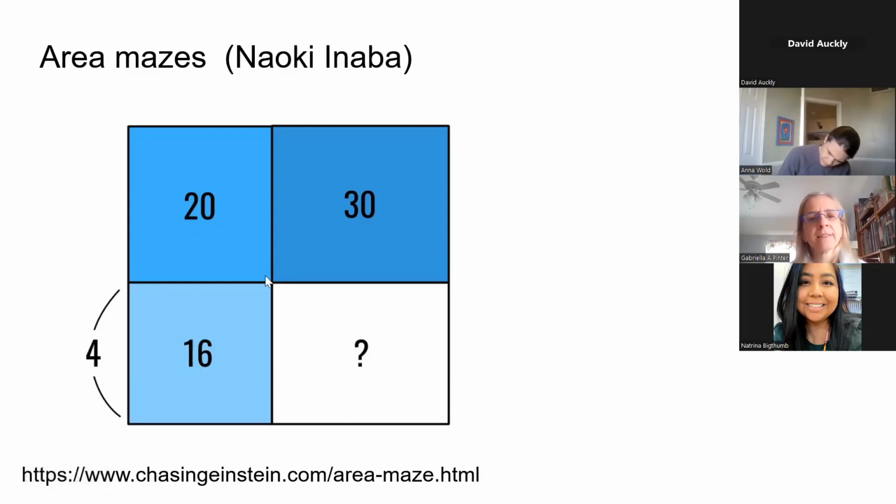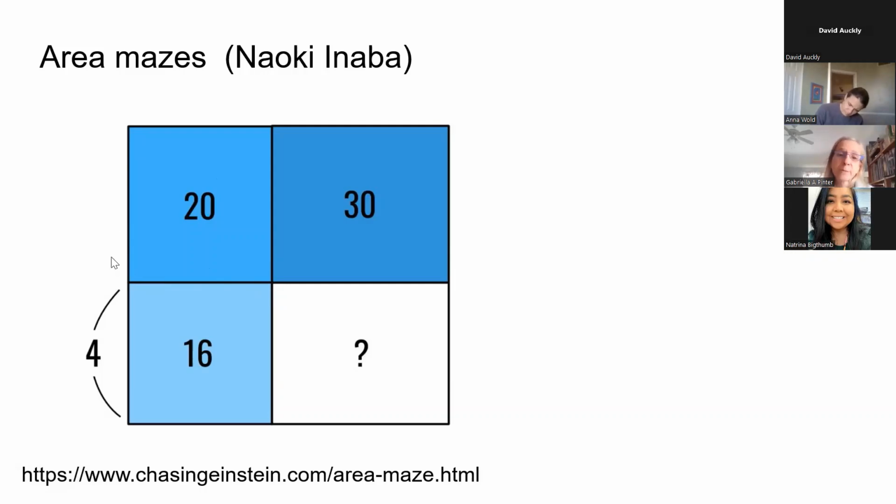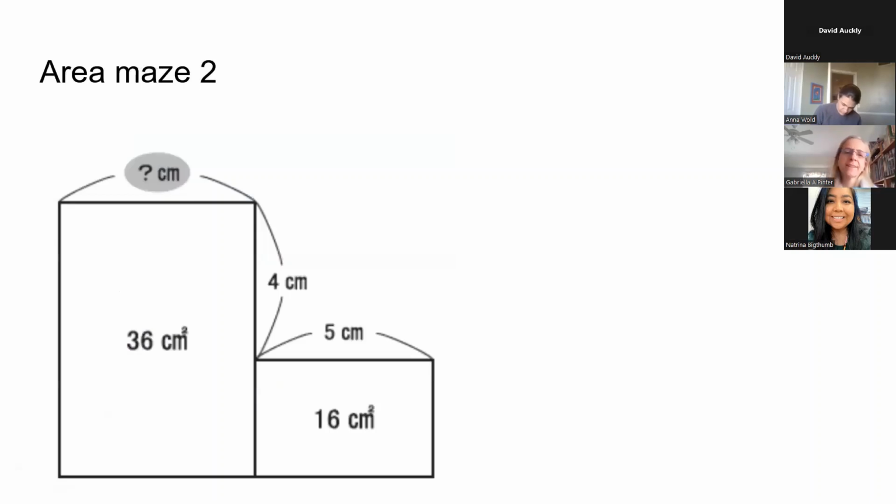So you know that the other dimension of that rectangle is 4. So now you know about the 20. Once you know that side must be 4 by 5, now you can go to the 30, one dimension is 5, so the other must be 6, and now we know the area here. And you can make these really, really hard too.